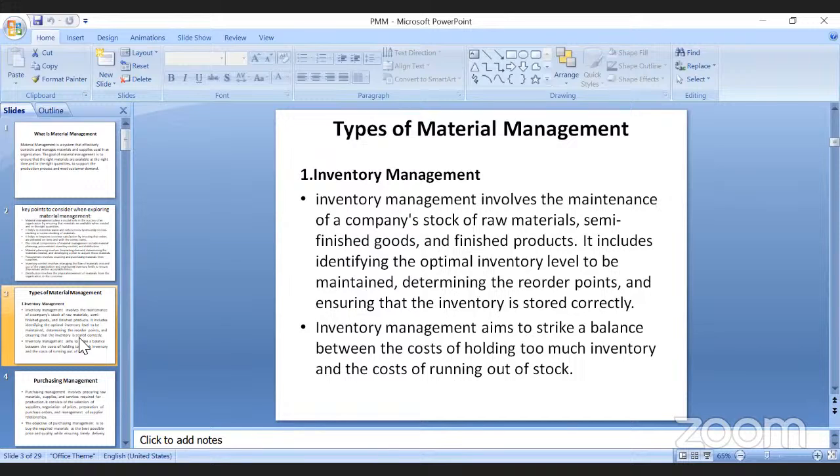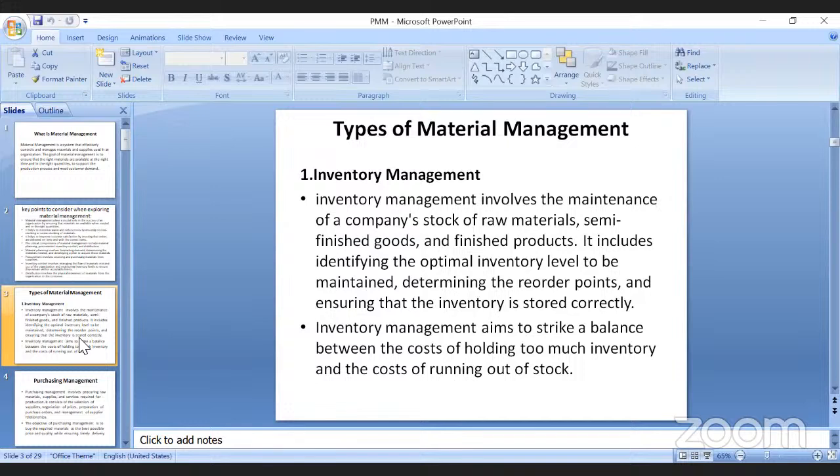Inventory management means the balance between the cost of holding too much inventory and the cost of running out of stock. And it also involves the maintenance of a company's stocks of raw materials, either raw materials, semi-finished goods, or finished products.